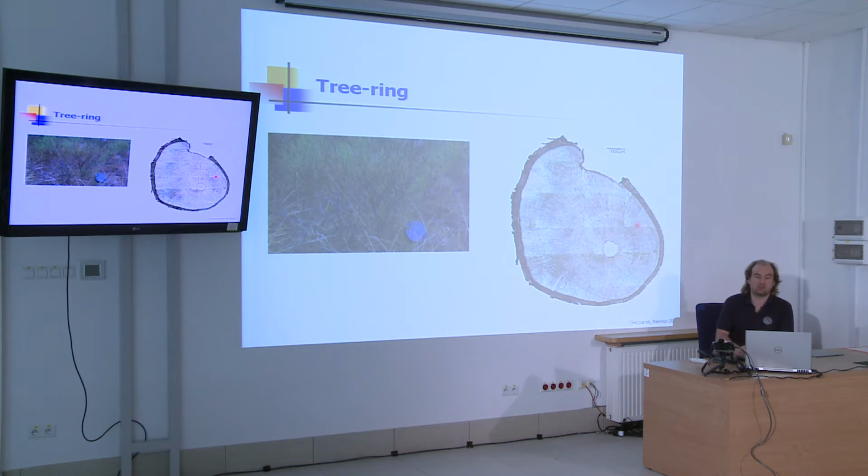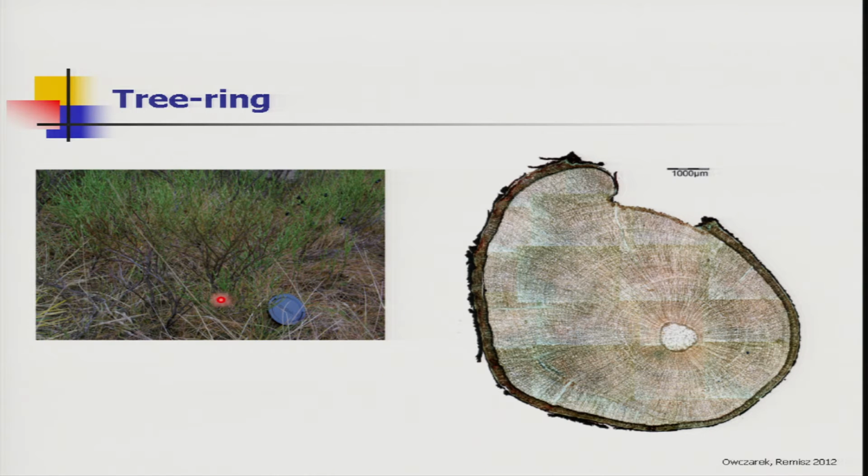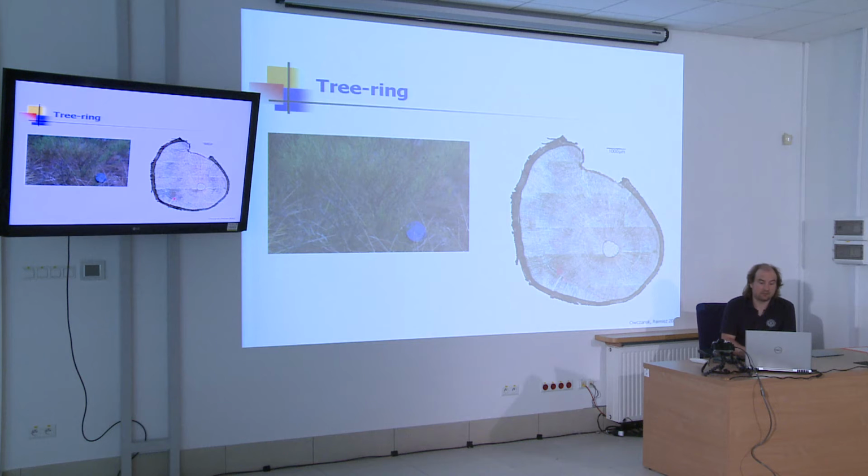We are talking about tree rings, but not only trees develop structures like these. Here we have blueberries, which also can produce tree rings. As you can see looking closer at the picture on the right, you can distinguish these circular structures that can be identified as tree rings.